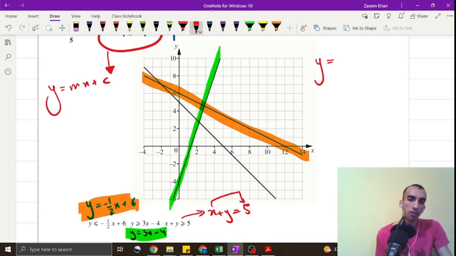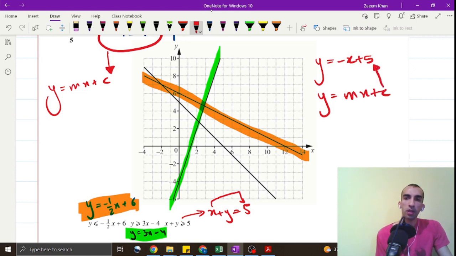That's a 5. y is equal to negative x plus 5. Now you can see that it's in this format: y is equal to mx plus c.